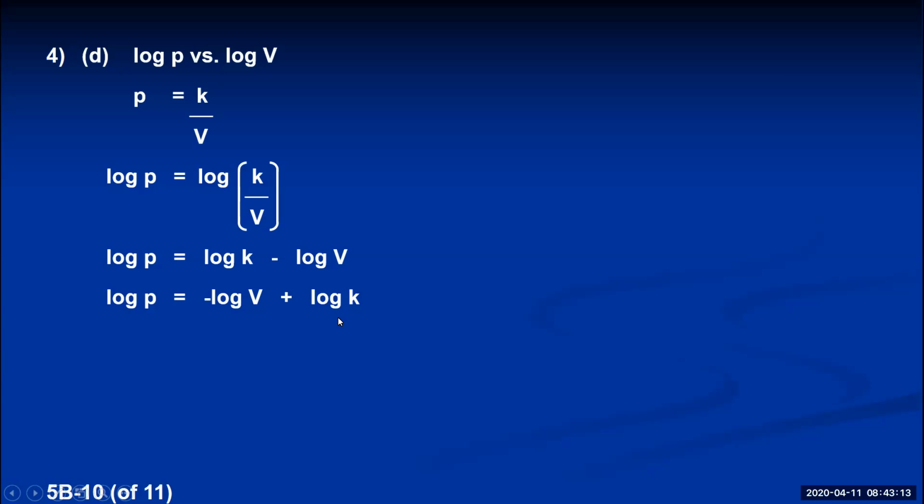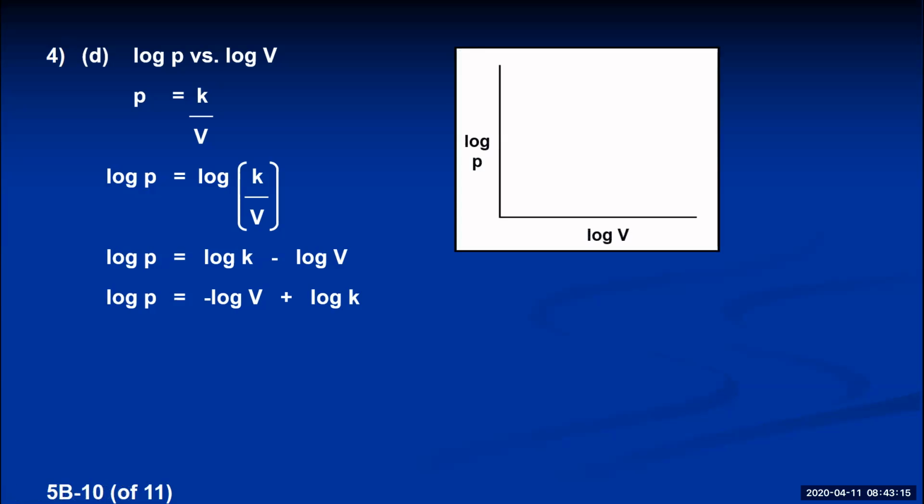This has to be a linear relationship. So if I graph log of P versus log of V, it's going to make a line. In this case, the slope is that -1 that's in front of the log of V. So the slope is going to be going down, and the intercept is not going to be at the origin. The intercept's going to be at wherever the log of K is. So you're actually going to cross the y-axis at some point, but that point would be log of K. But nonetheless, it would turn out to be a linear graph.